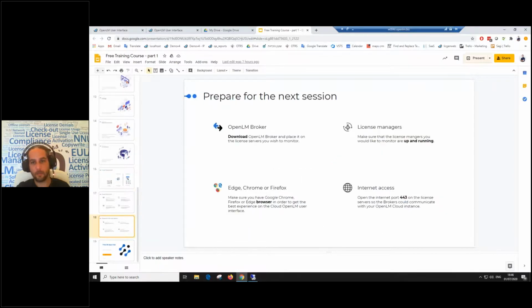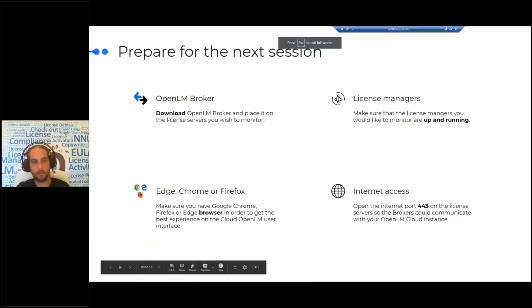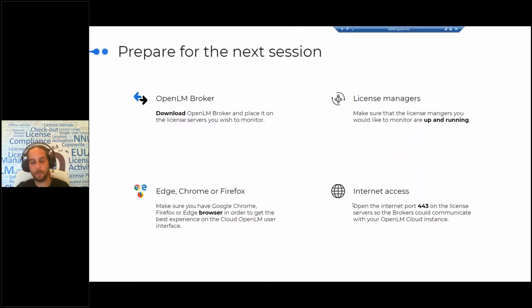Again, going over what you'll need: download the OpenLM broker. Make sure the license managers are up, running, working perfectly. The port 443 is open, meaning the license server is exposed to the internet. And use any Edge, Chrome, or Firefox browser.